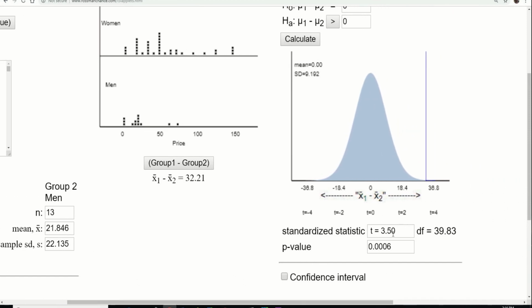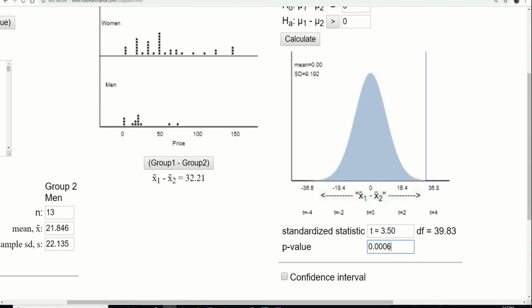And if we look, here's our null distribution. Remember what that represents. That represents that if there was no difference in the average price of men and women haircuts in the population, when you sampled of these sizes, you would get these sorts of mean differences. And ours is this blue line way out in the tail, so a very extreme value if it was really true that there was no difference.